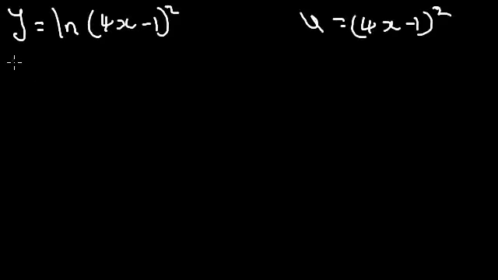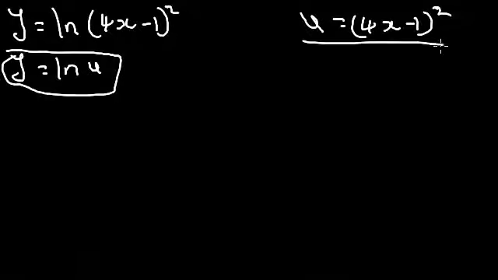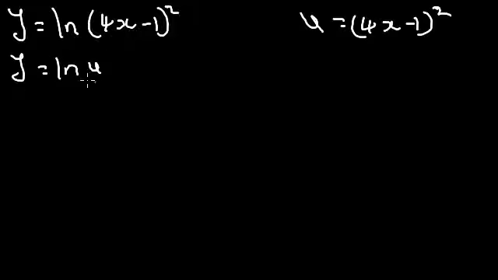it implies that y becomes ln u. Now this is easy for us, as we now have it in the way we have been expressing the previous examples. But you know that doing it this way, you will end up having the same answer as doing it another way. So what way? Instead of setting u to be equal to (4x minus 1) all squared, can we set u to be equal to 4x minus 1 alone?